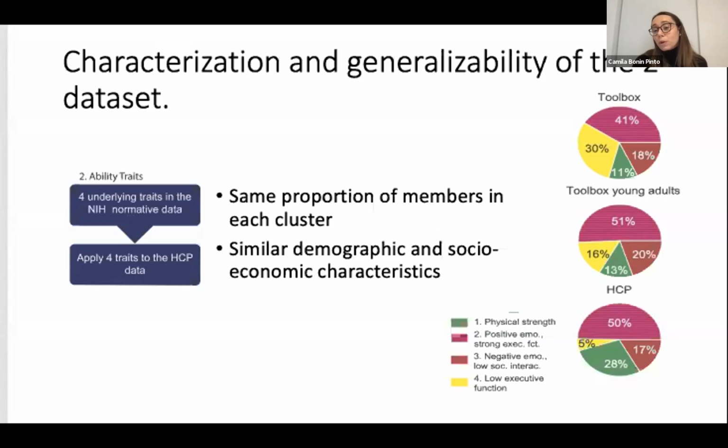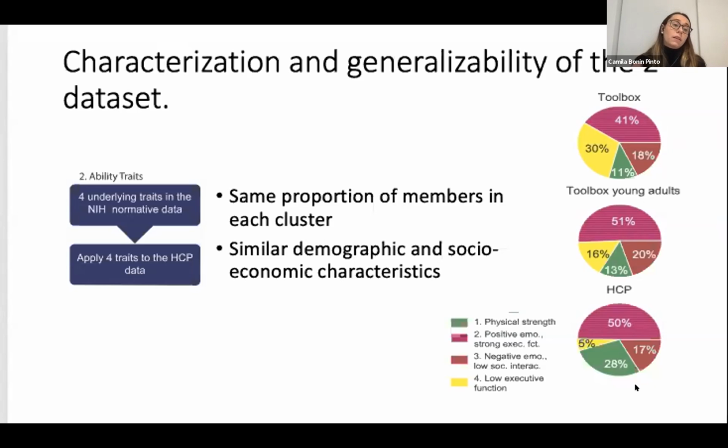When we compare the proportion of participants between the two samples in the clusters, we can see in the pie plots that they are fairly the same proportion, especially when we age-match the samples. Why? The Toolbox normative sample has much older individuals than the HCP, and this helps us to see that these participants end up clustering at the same rate in each of these types based only on the ability traits. We also compared their demographic and socioeconomic characteristics, and they were fairly similar.